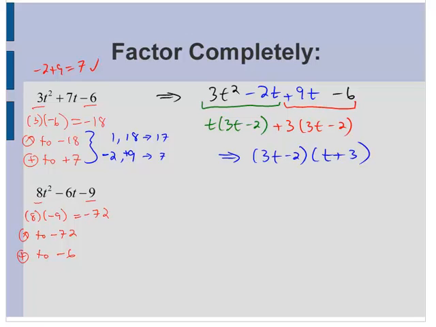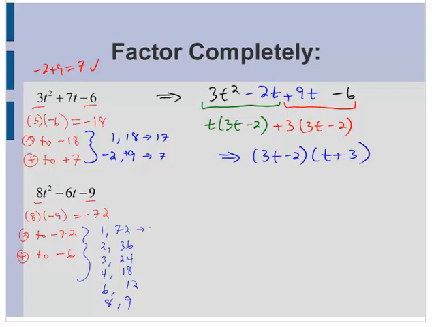Alright, so let's run through some factor pairs here. 1 and 72, 2 and 36, 3 and 24, 4 and 18, 6 and 12, 8 and 9. I need them to sum to -6. Now remember, I have different signs, and so since I have different signs, I'll take a difference.